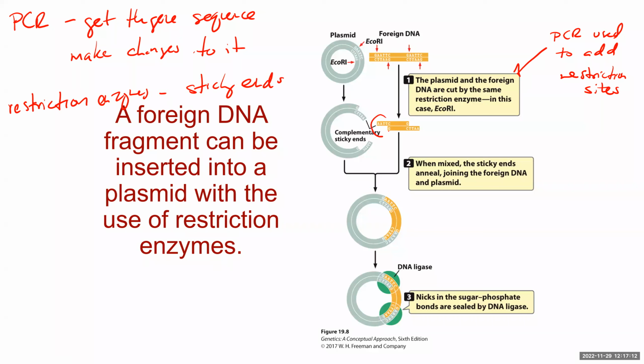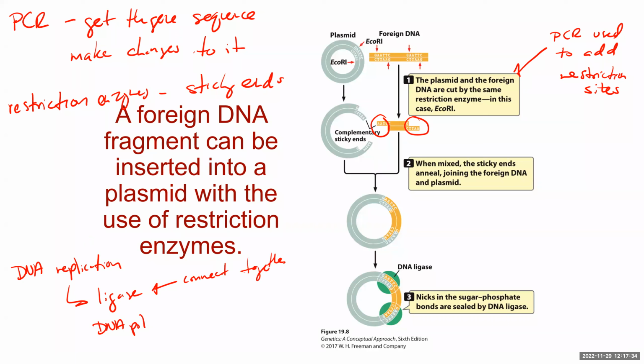So we'll always get complementary pieces. And then we use the basics of replication, such as ligase, and then DNA polymerase itself, to connect things together and replicate them. Most of the DNA technology that's used is always a combination of things that we've already talked about, which is why those core things were so important in the first place.